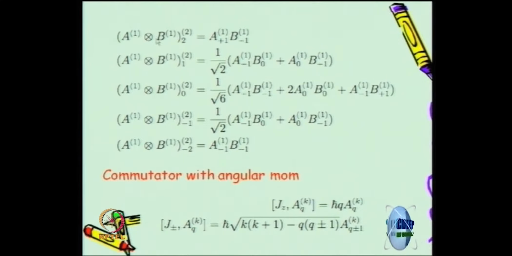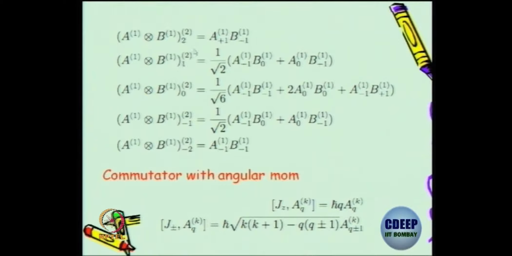Take a tensor product of two vectors, two irreducible tensors of rank 1, A and B. The 2 component is trivially taking the square, as we saw in the position. Here it is taking the stretch state components. Take the 1 component and the 1 component, just multiply them, and that is what will give you the 2 component.